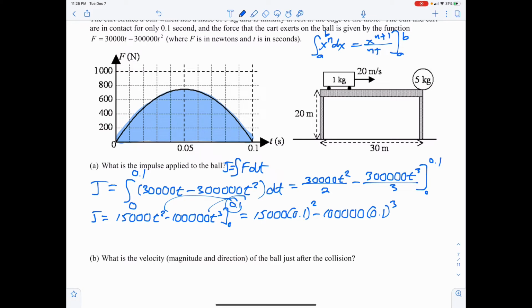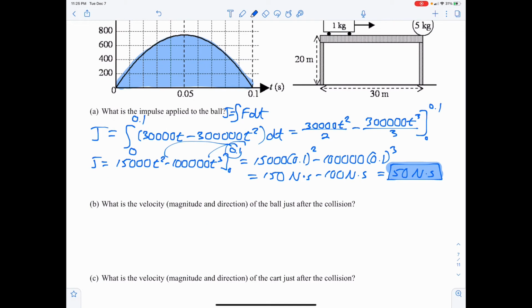That gives us 150 newton seconds minus 100 newton seconds, which is equal to 50 newton seconds. So there's our impulse from a to b.